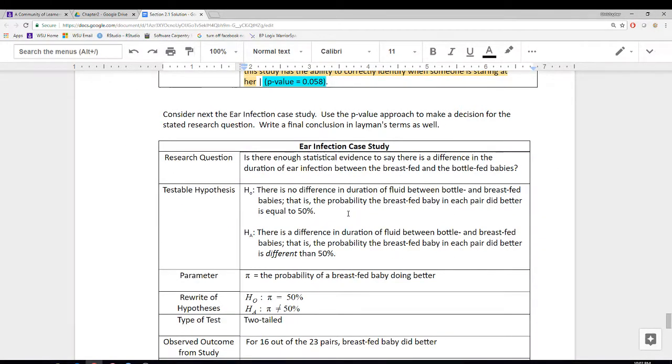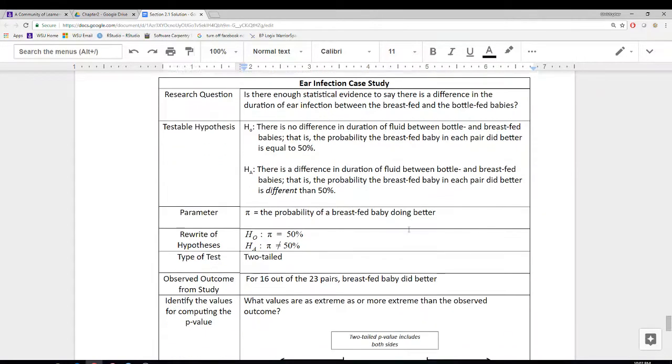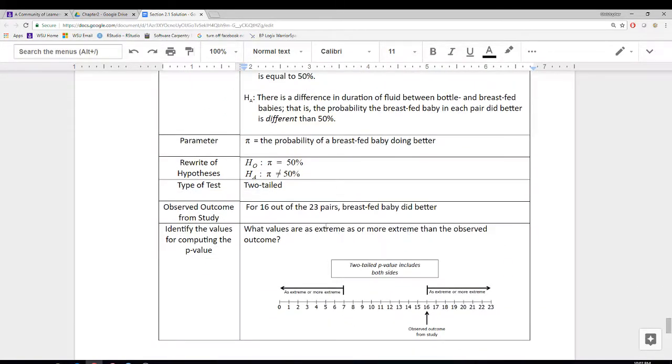All right, let us do one more example in computing the p-value. We'll do this one more quickly. This is the ear infection case study. The research question here: is there enough statistical evidence to say there is a difference in the duration of ear infection between breastfed and bottle-fed babies? Again, this is a two-sided example.